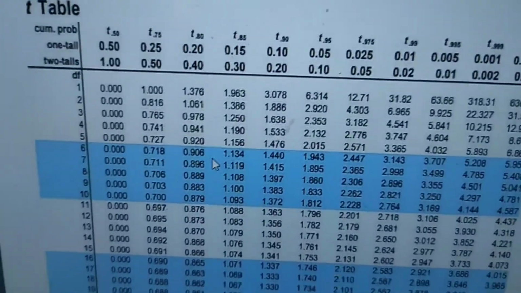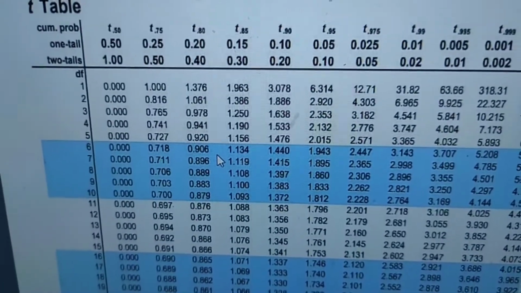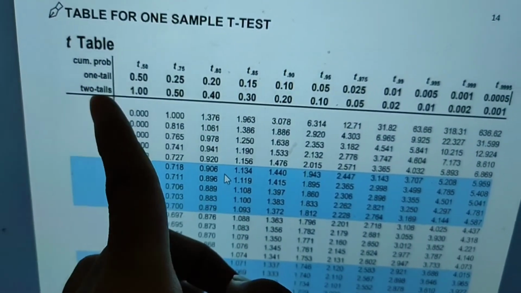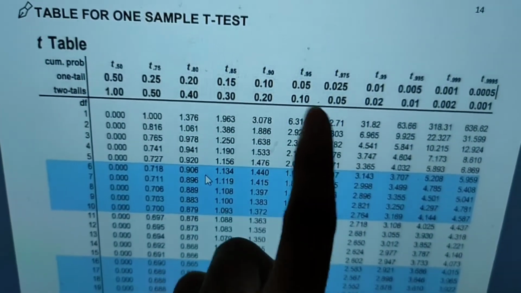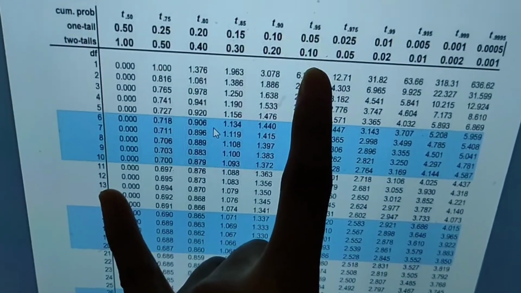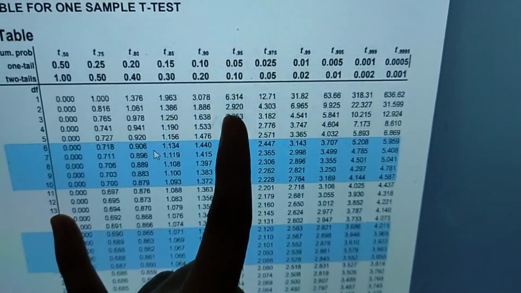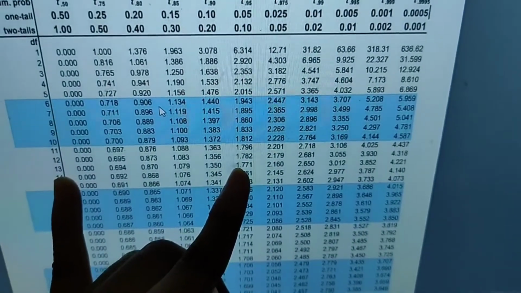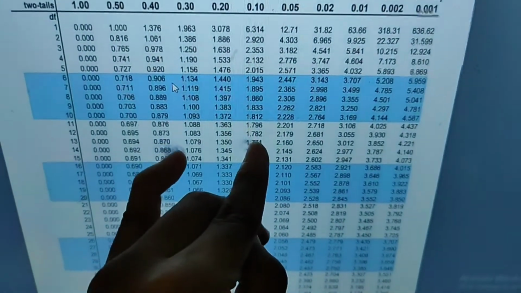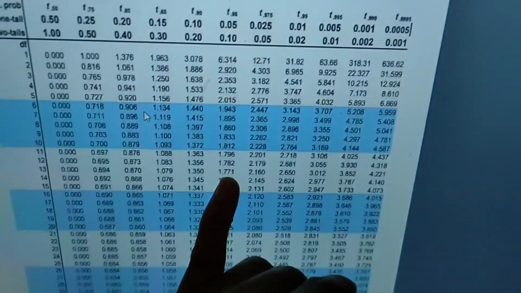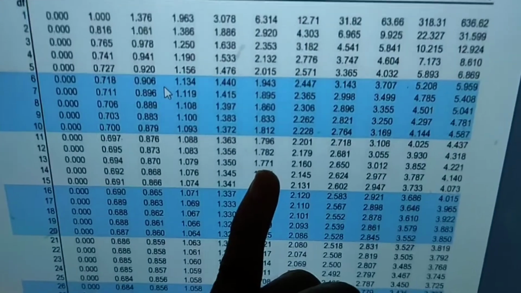So here in the table, we're going to find the 0.10 two-tailed test and 13. So 0.10 in two-tailed, 0.10 here, and the 13 which is here. So we have to draw an imaginary line, and here, and here. So we have 1.771.